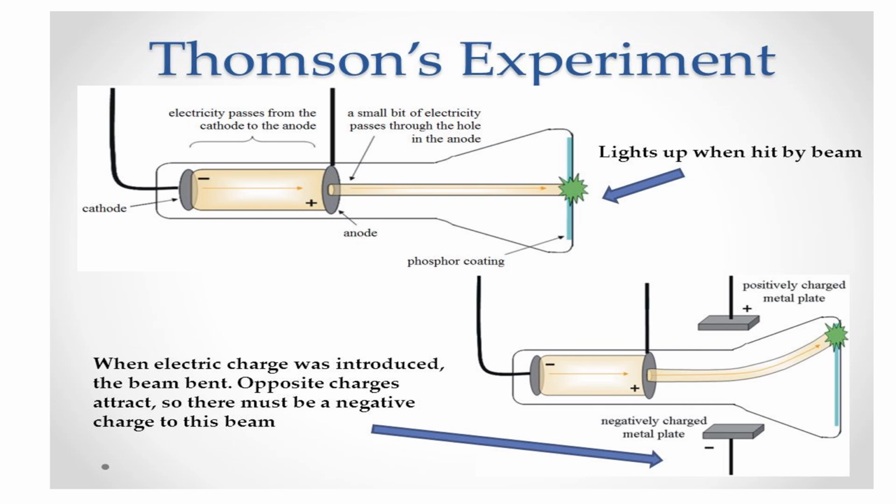And so what we see is that the photons here that are shooting out the electricity, it's veering away from the negatively charged metal plate. So what this says to Thomson is, hey, well, apparently there are negative charges in this electricity that are being repelled by the negative plate. And so that is where he theorized that, hey, there are negatively charged subatomic particles called electrons in our elements.